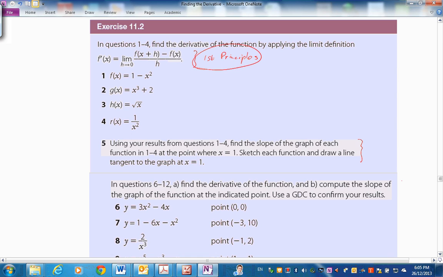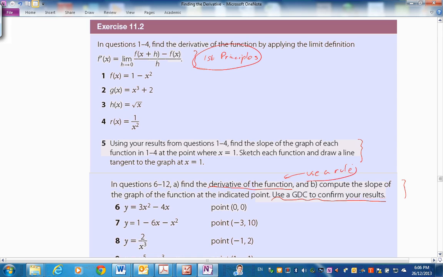Okay, question 6 to 12. Find the derivative and find the slope of the graph at the indicated point. Use a calculator to confirm your results. I won't show that in the answers, so you do the process. Now find the derivative of a function. No one says from first principles, so use a rule.